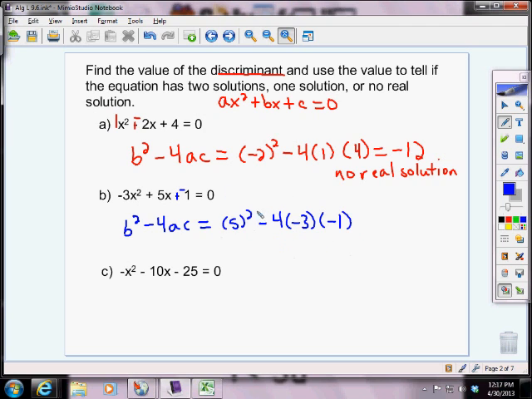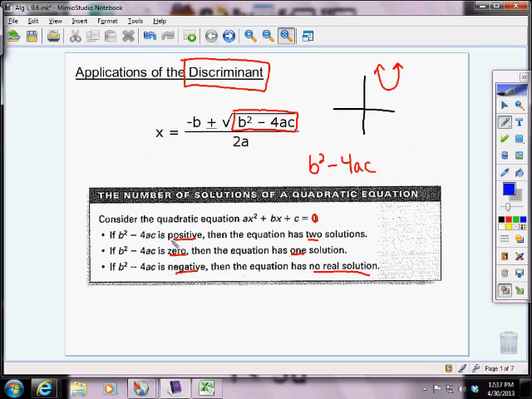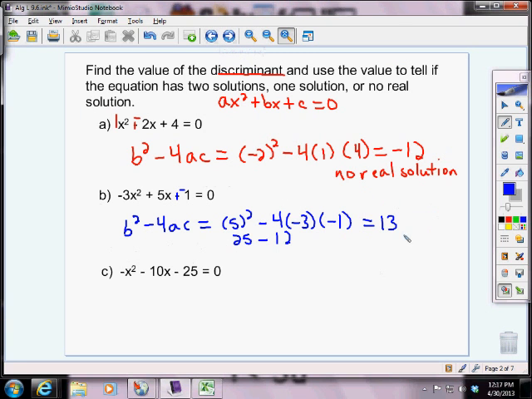Type that into your calculator. 5 squared is 25. 4 times negative 3 is a negative 12. Times negative 1 would be a positive 12. So we end up with 25 minus 12, which is 13. What does it mean when you get a discriminant answer of 13? It's positive, two solutions. So it's going to hit our x-axis in two places.